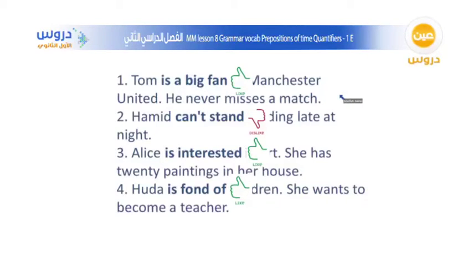Now number 1, like. That's correct. Number 2, dislike. Number 3, like. Number 4, like. So your answers were correct, and I like your answers. Let's go to the next slide.